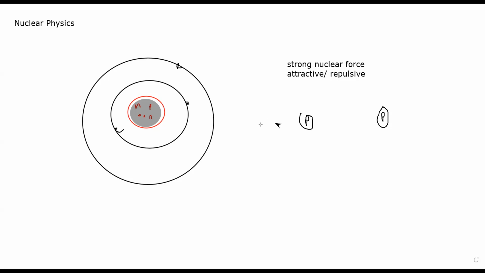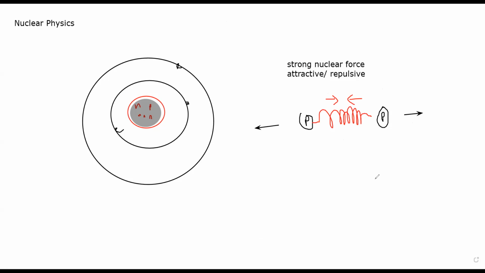If these two protons are moving away from each other, this strong nuclear force will try to pull them back towards each other. So the direction of the strong nuclear force is to pull them back so that they remain closer to each other and will not leave the nucleus.